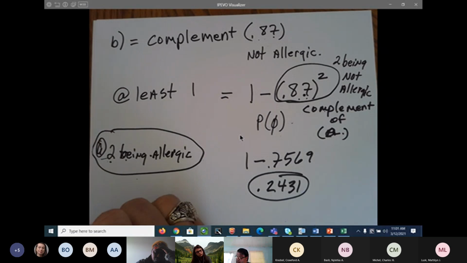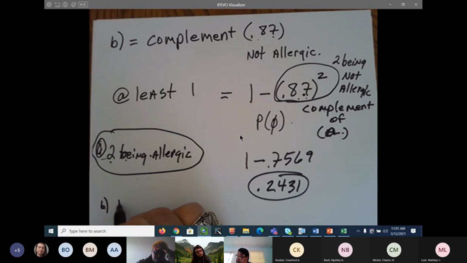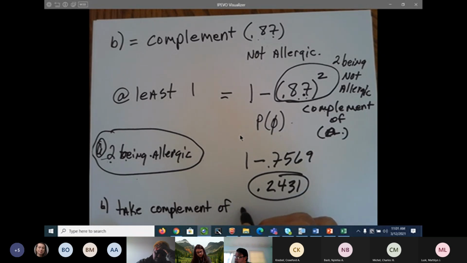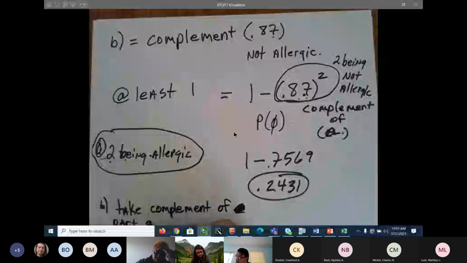For part B, take the complement of part A, and square it.